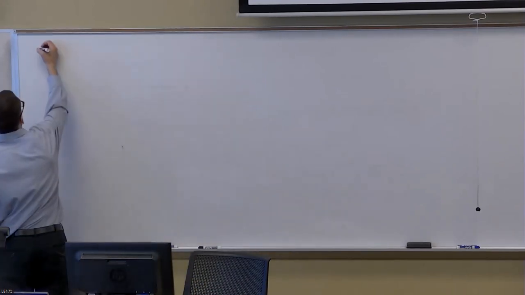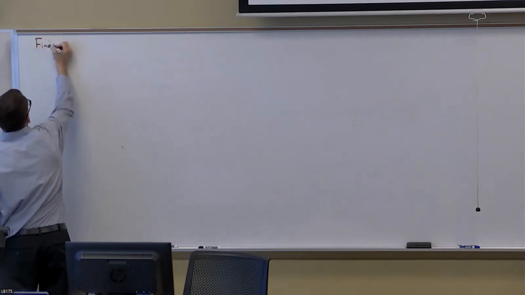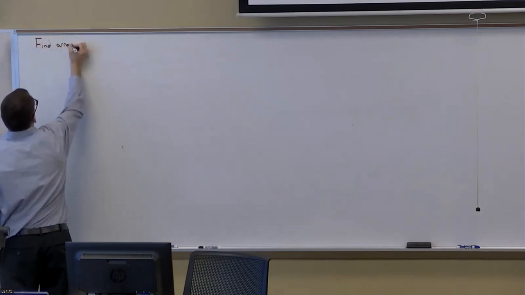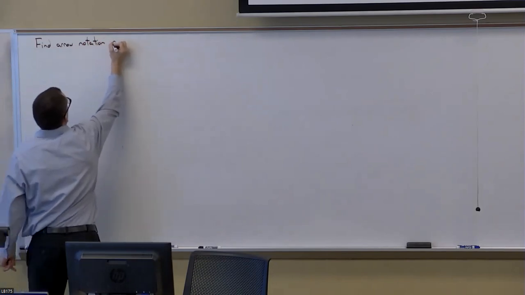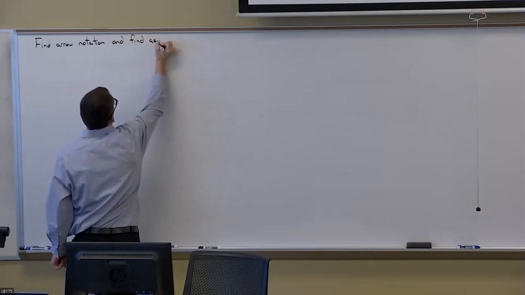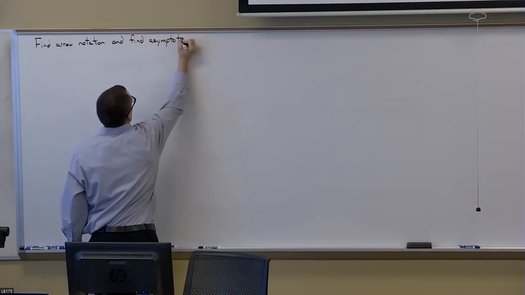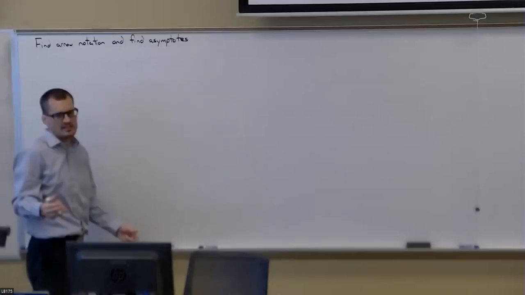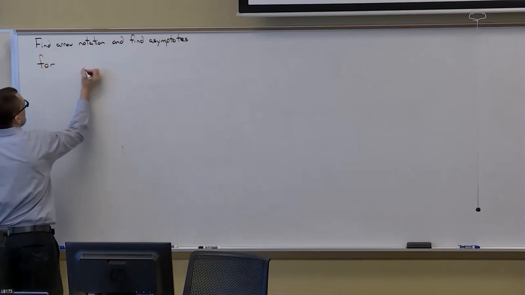So let's take a look at another. Let's find the arrow notation and find the asymptotes, both vertical and horizontal if they exist, for the following function.